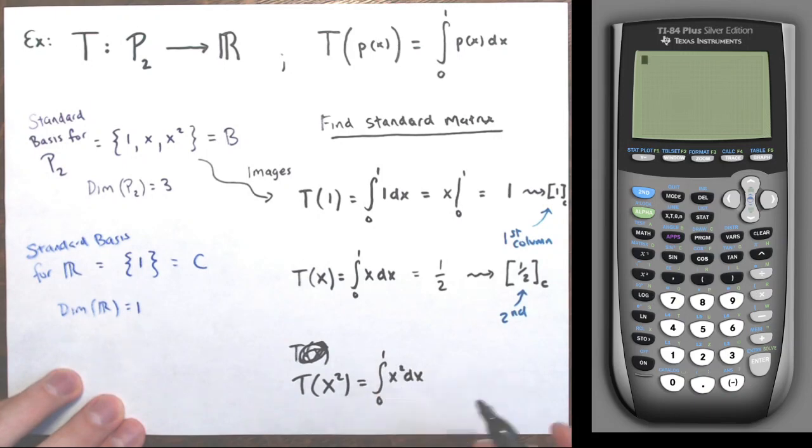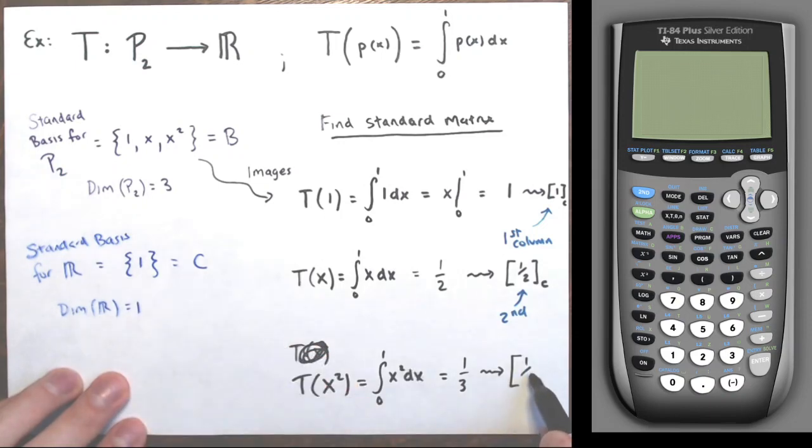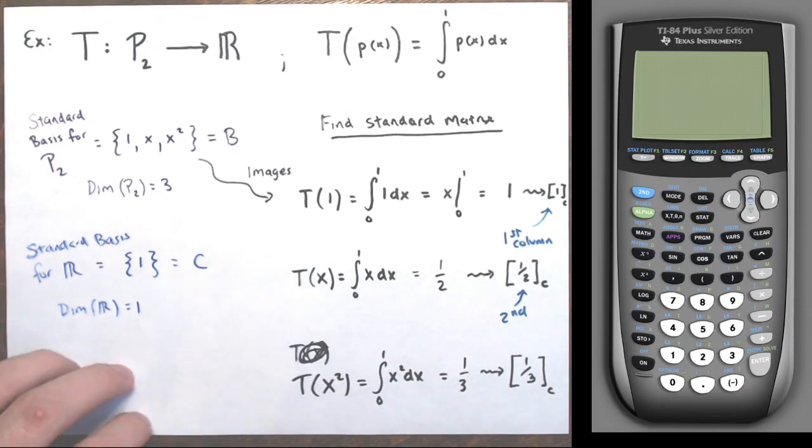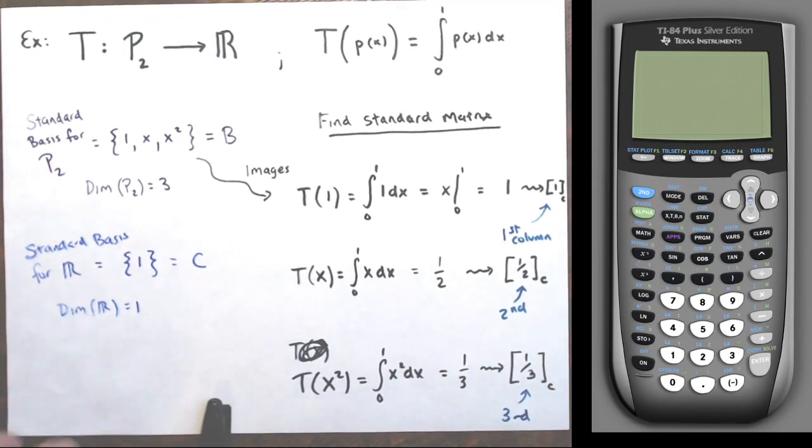Plug in 1, plug in 0, and subtract. It's just a third. So coordinates here, just 1/3. This is 1/3 times 1, with respect to the basis C, just the number 1. So the coordinates are simply 1/3, and there's the third column. All right. So the standard matrix again is a 1 by 3, where these are the 3 columns.